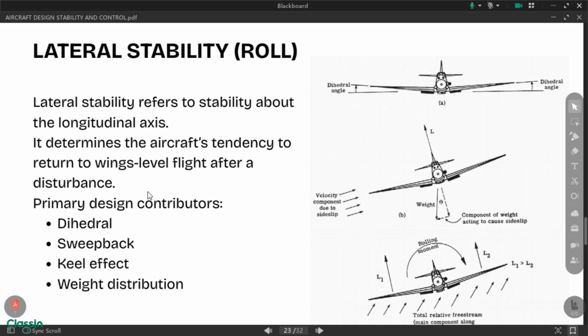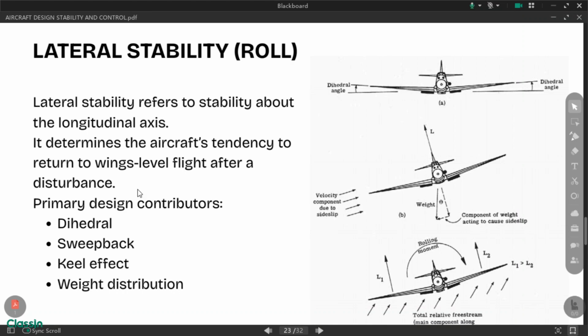Okay? Kasi for longitudinal stability, we focus mostly on moments, lift drag forces, weight and lift forces. But for lateral stability, most of it is affected by the geometry of the aircraft itself and the wing itself.